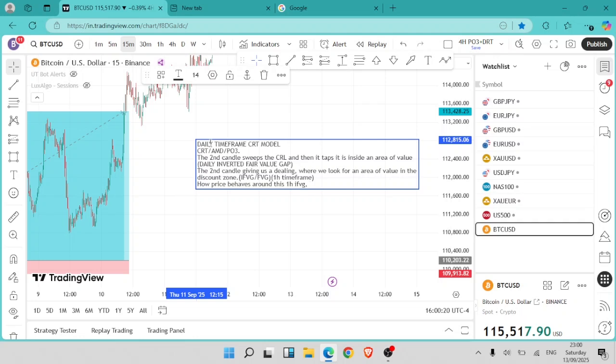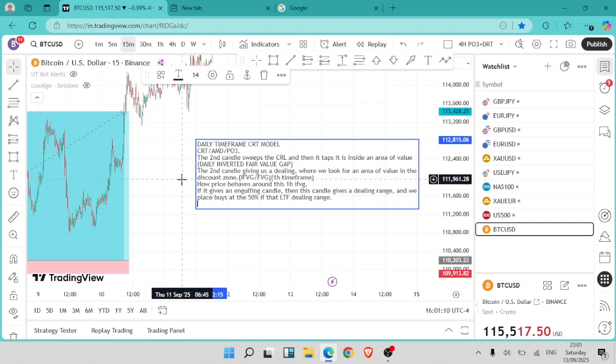In our case, we had the 1 hour IFVG, and then if it gives an engulfing candle, and this candle gives us a dealing range, we place buys at the 50% of that lower time frame dealing range.